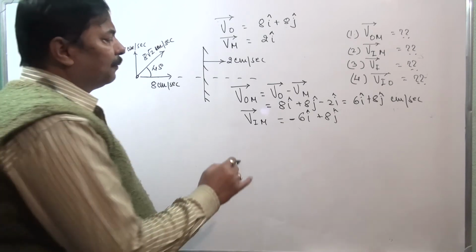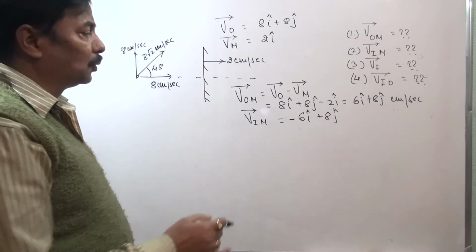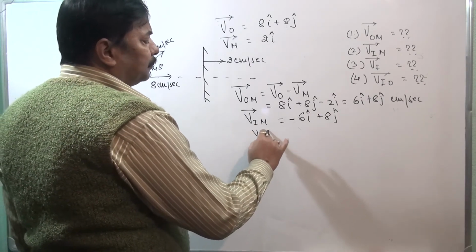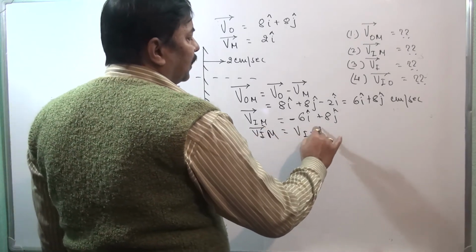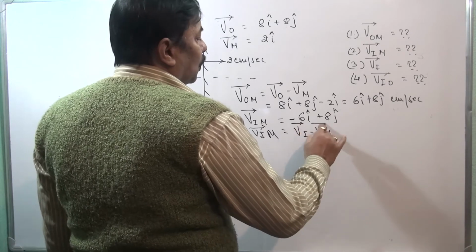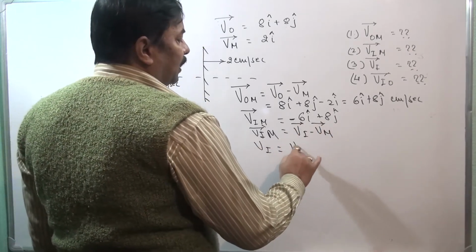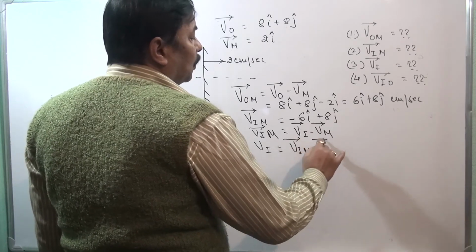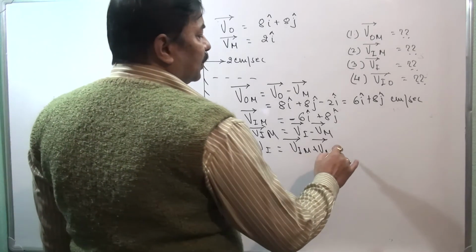Now if I want to find the velocity of image with respect to ground, then VIM must be equal to VI minus VM. So VI must be equal to VIM plus VM, and this will give you the solution in this way.